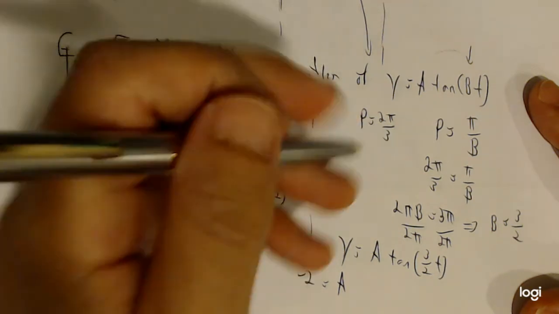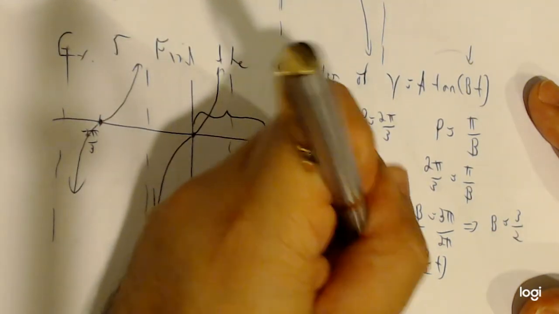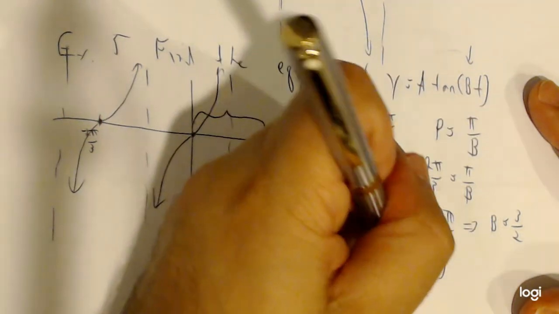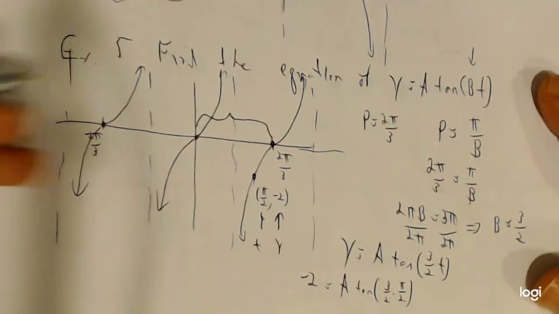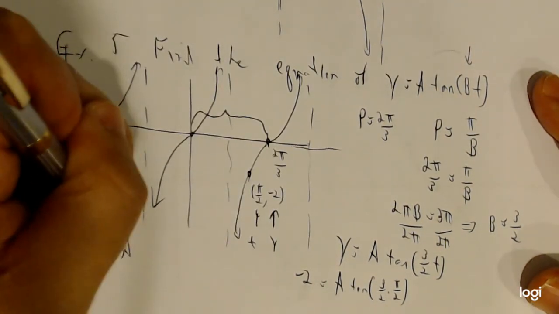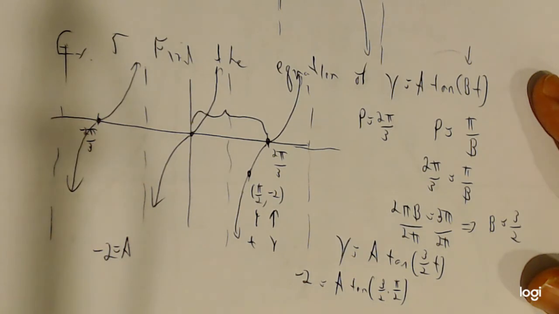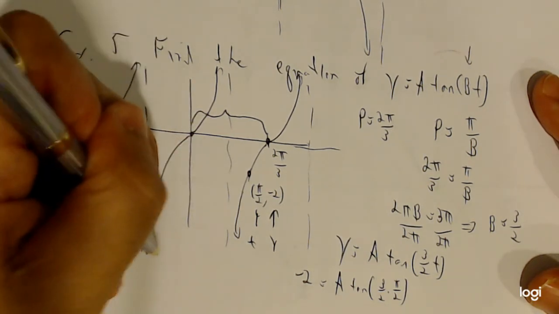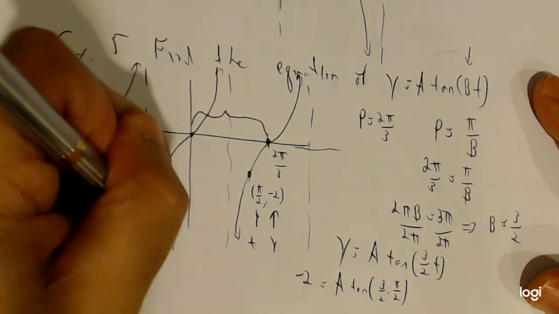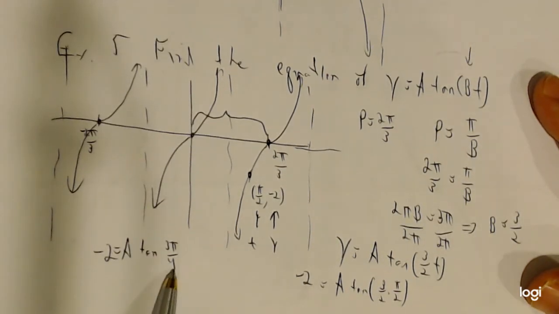So then we get a times tangent of 3 over 2 times, and what is t? Pi over 2. And so this becomes, I'm running out of space, so I'm going to move to the left, negative 2 equals a tangent of 3 pi over 4. That's what it becomes. And we know that tangent of 3 pi over 4, I already know what it is.